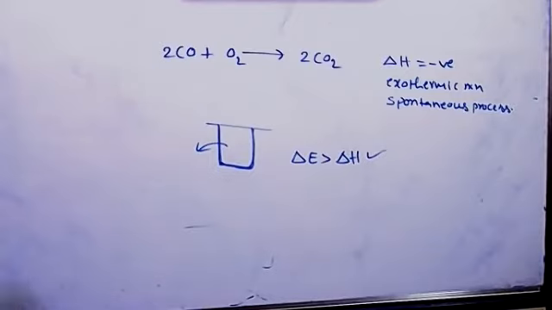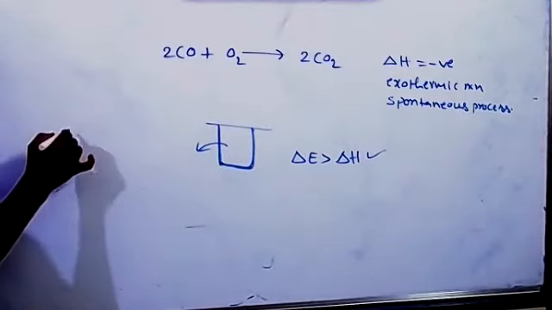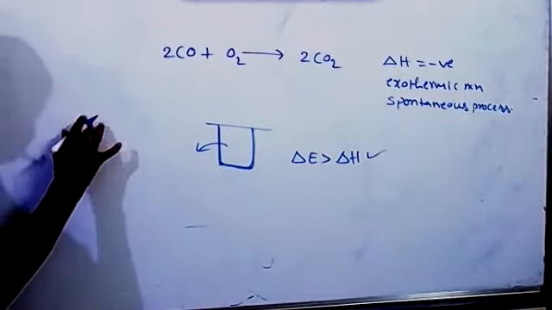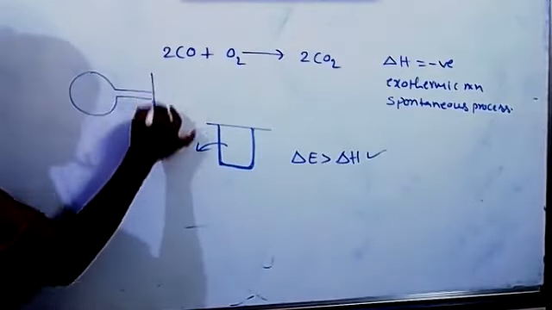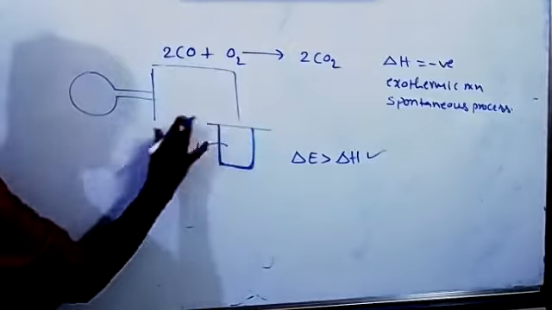This is what we call the Joule-Thomson effect. So in the Joule-Thomson effect, suppose I'm taking two chambers. Here is another chamber with big volume, high volume it is.